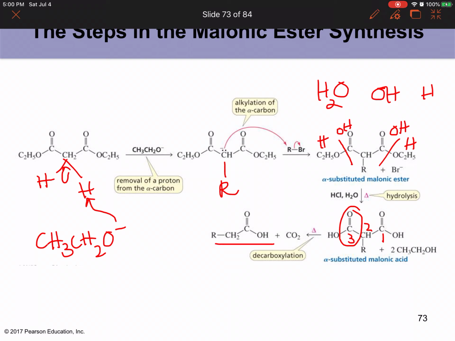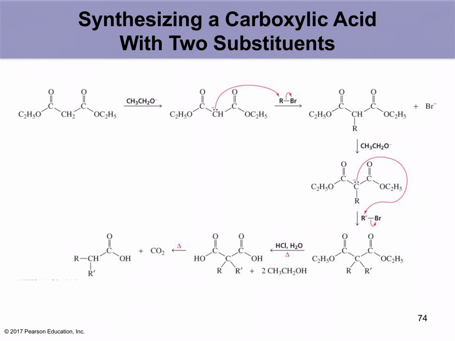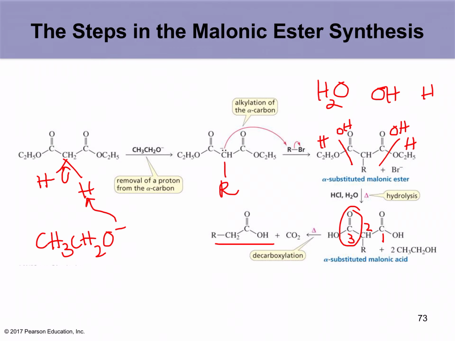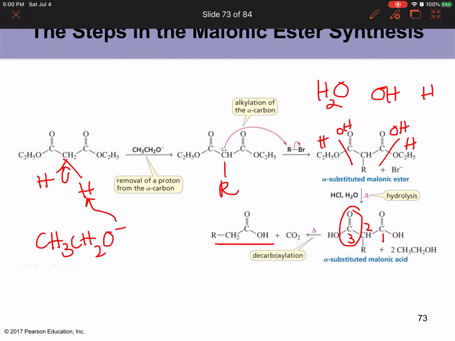Let's see if I can show you the mechanism in the next one. But I'll just remind you how the decarboxylation happens. So we can go ahead and number those.